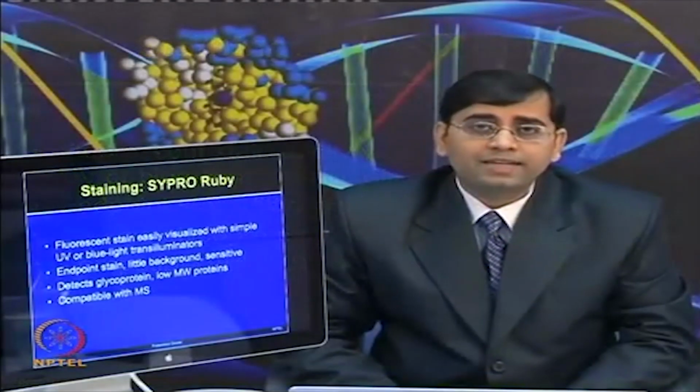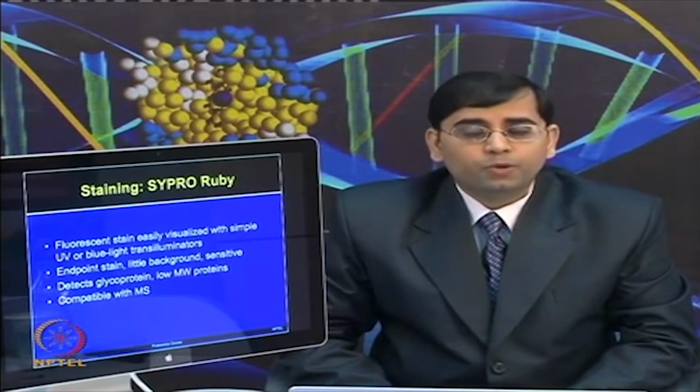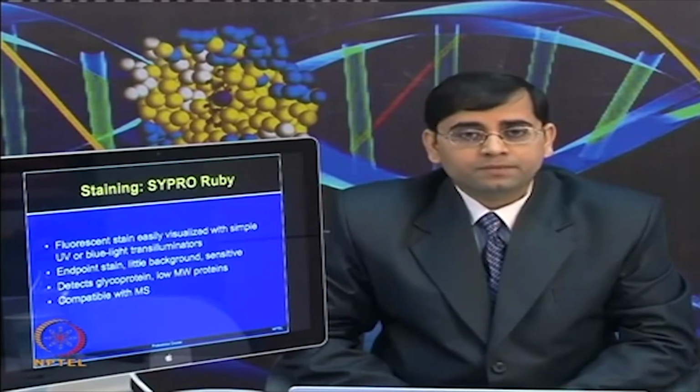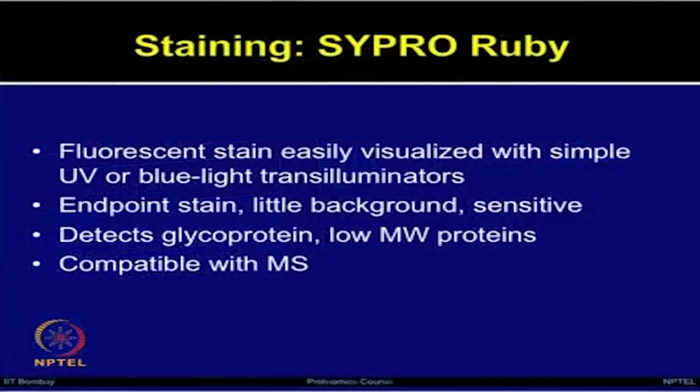It can also be used for studying different types of post translational modification such as glycoproteins, and even low molecular weight proteins which are low abundance proteins can also be visualized by using this type of stain.